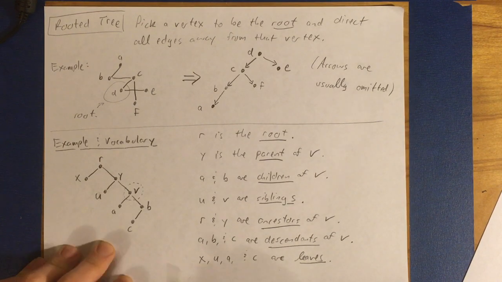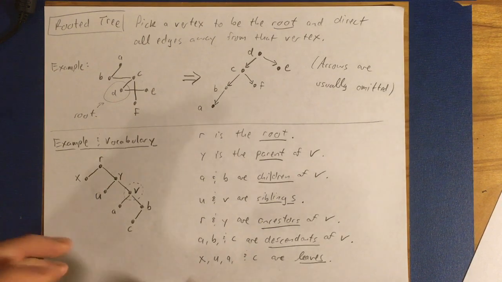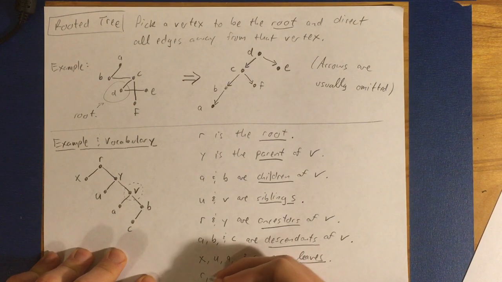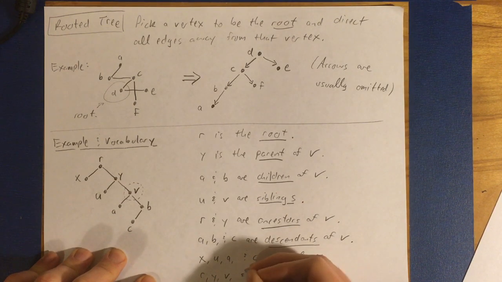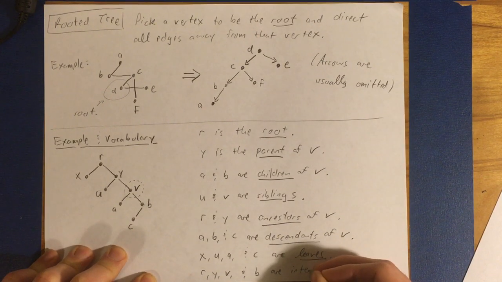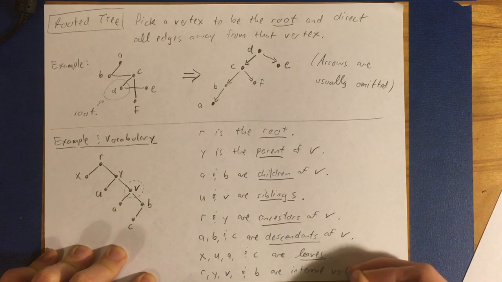And the other vertices are called internal vertices. They are closer to the middle of the tree, so to speak. So R, Y, V, and B are internal vertices.